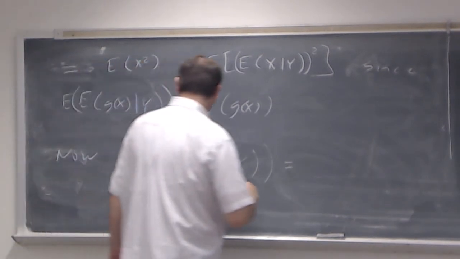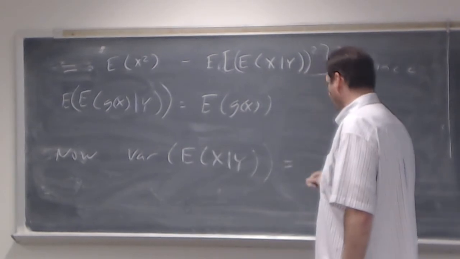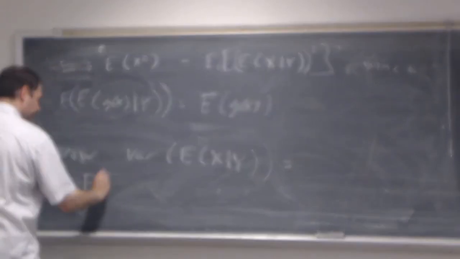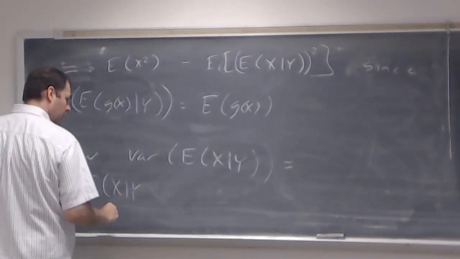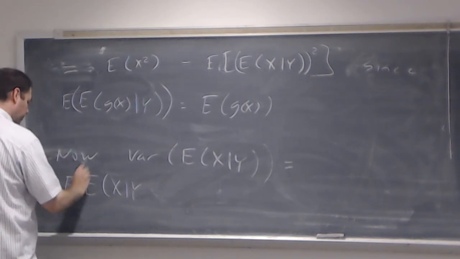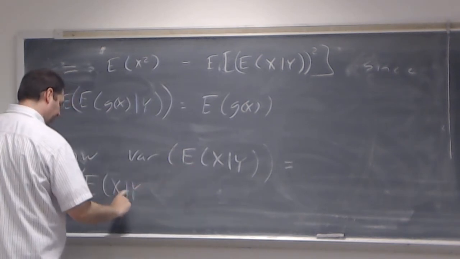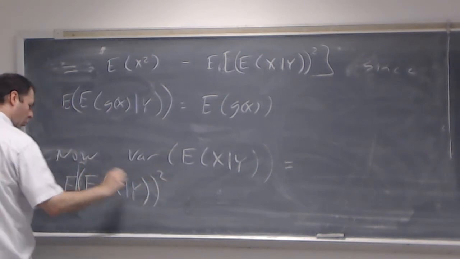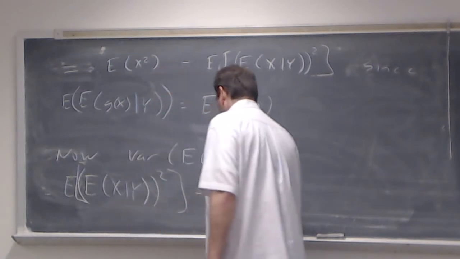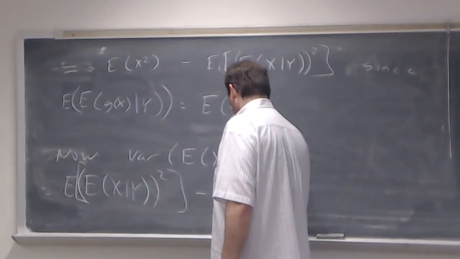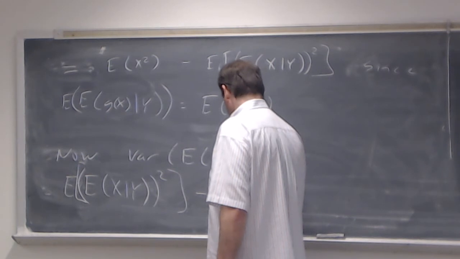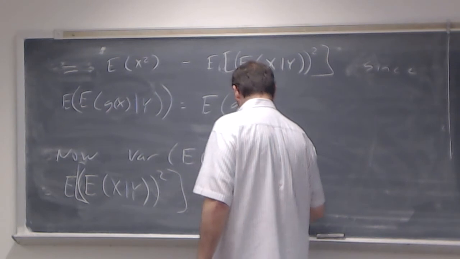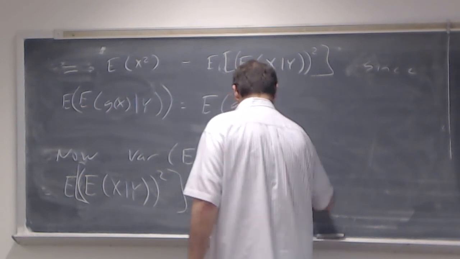Using our variance formula for the variance of something, this is equal to the expected value of the random variable, expected value of x given y, quantity squared, minus the expected value of the expected value of x given y, all that squared.